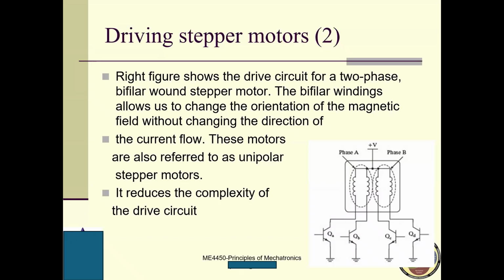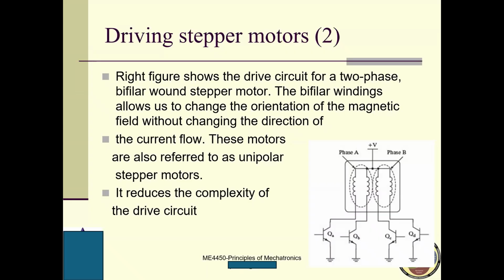That means for these motors, if we want to change the polarity of the coil, we do not need to change the current direction, we just need to change which coil we are going to use. Physically, both of these two coils are wound on the same pole.